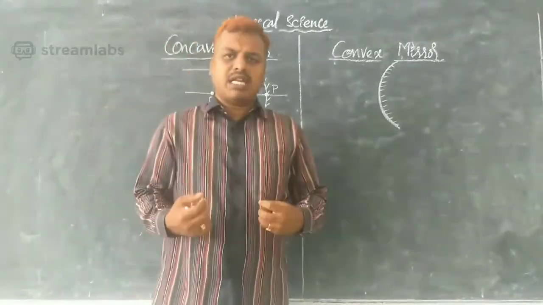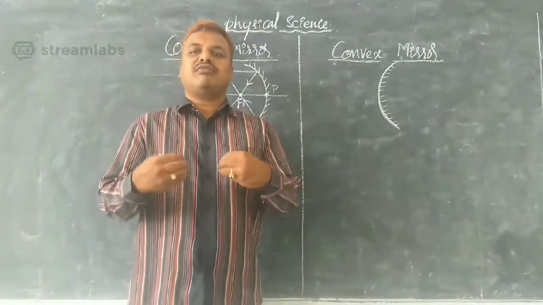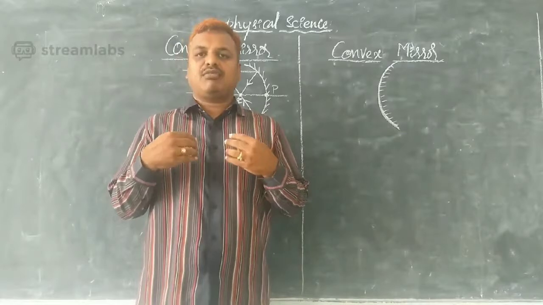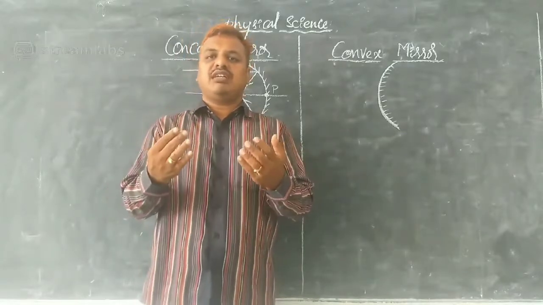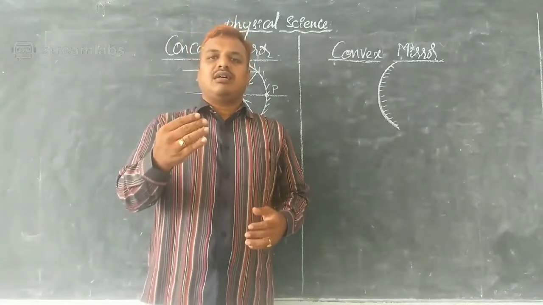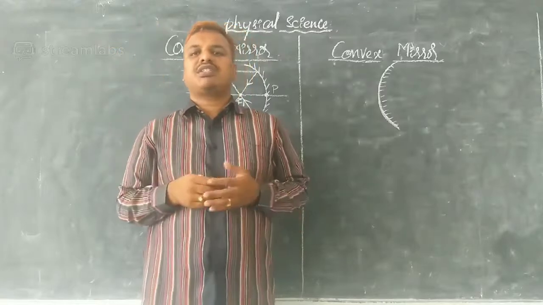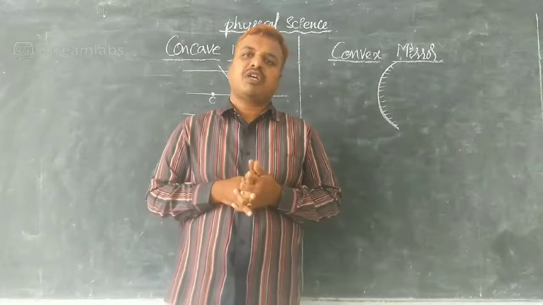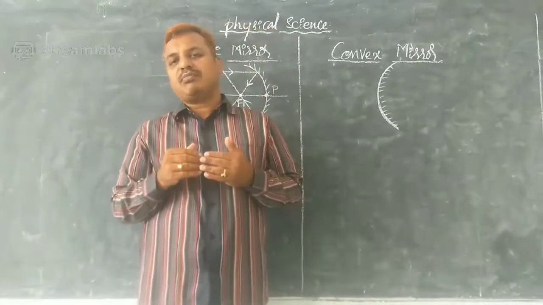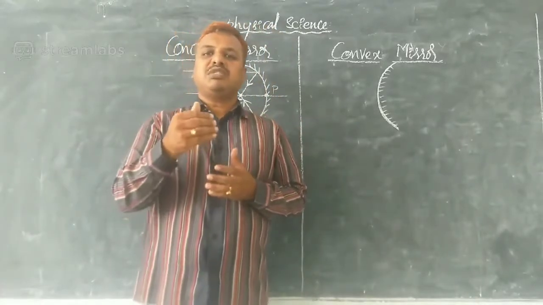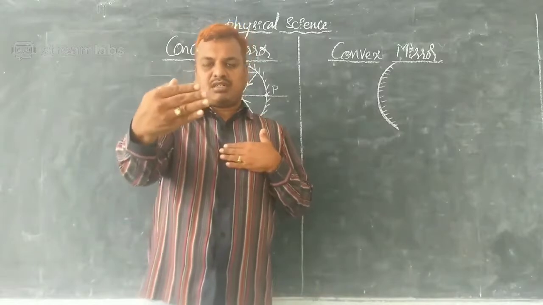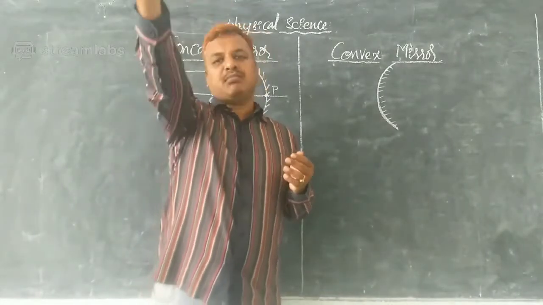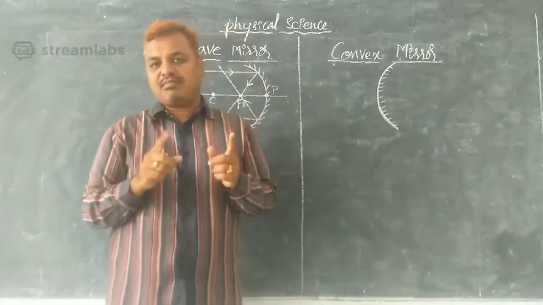In a plane mirror, when we stand in front of the mirror, we are the object, and we see exactly the opposite direction, our image formed inside the mirror. Now, when we are standing in front of the mirror, the distance between the object and the mirror and the distance between the mirror and the image will be the same, isn't it?